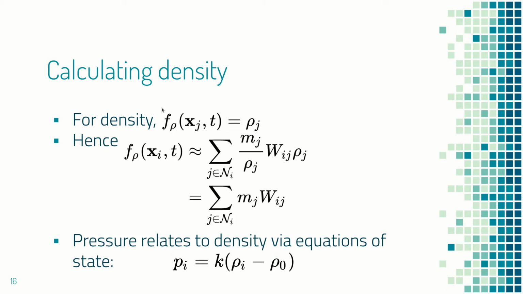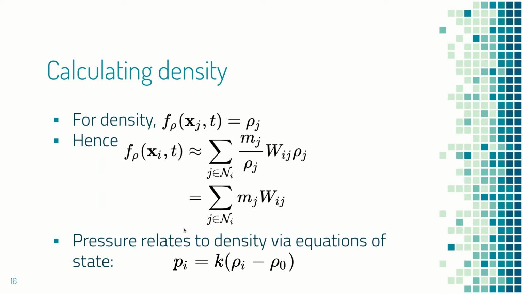So we take the current density, F rho at the current site, and replace it into our interpolation function. It's very straightforward, because these two terms cancel, and we end up with just the mass times the weighting function to evaluate the new density term.